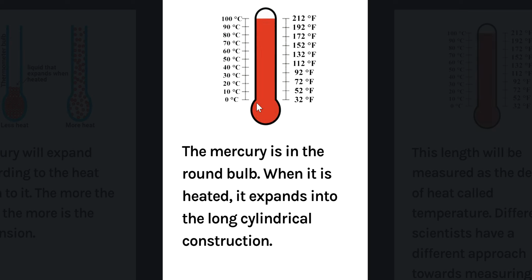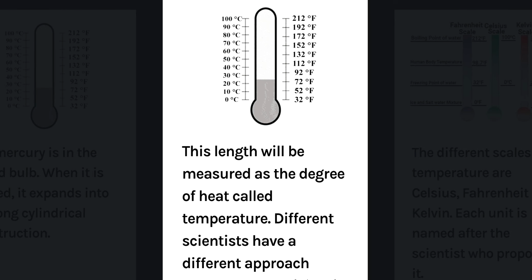You can see that from 0 to 100 degrees Celsius, so it means it's a laboratory thermometer because it has a wide range, that is 32 Fahrenheit to 212 Fahrenheit. So it's a laboratory thermometer with more range. This length will be measured as the degree of heat called temperature.